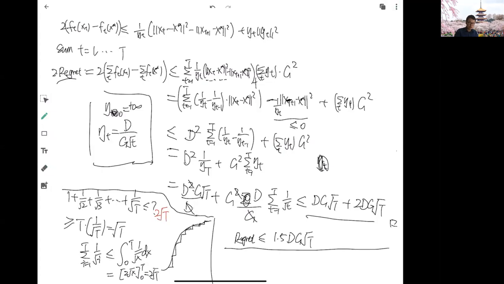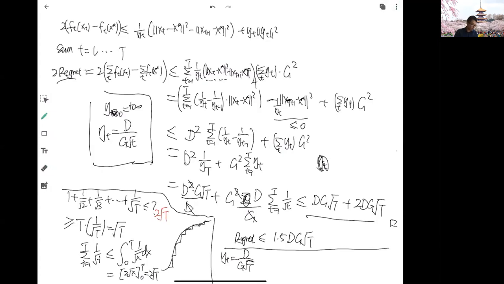Okay, so this can actually be improved. Suppose we use a fixed learning rate and know the horizon t ahead of time. So suppose we take eta t to be a fixed quantity of d over g square root of t throughout, rather than using the decaying learning rate of d over g square root of small t.